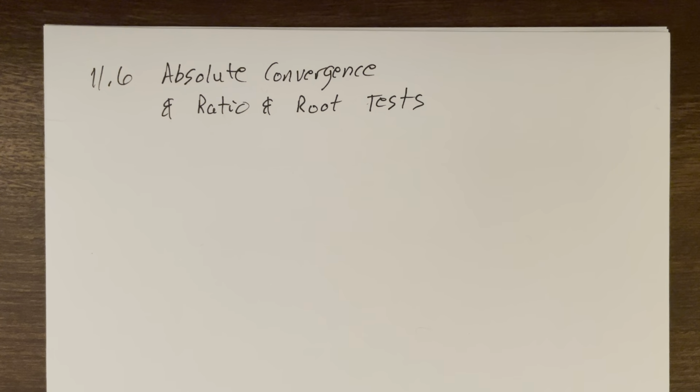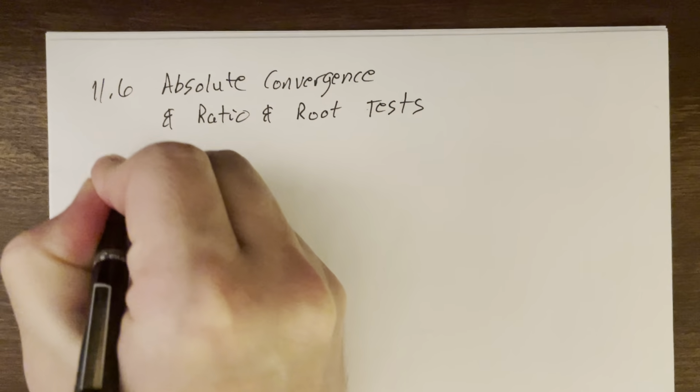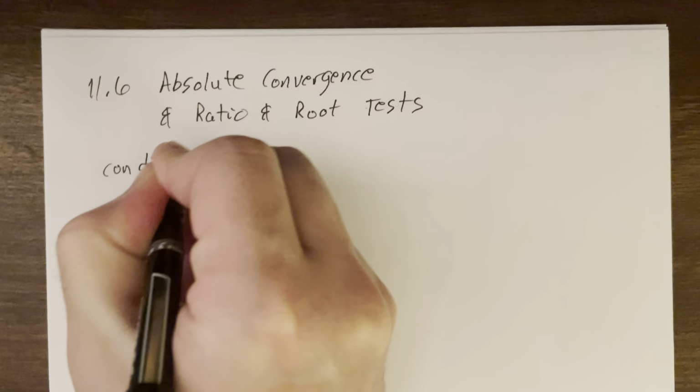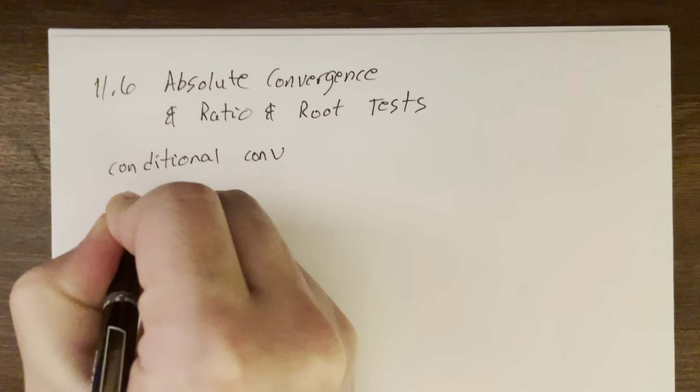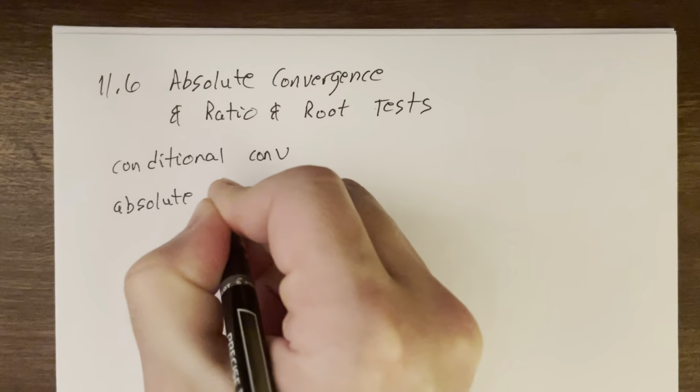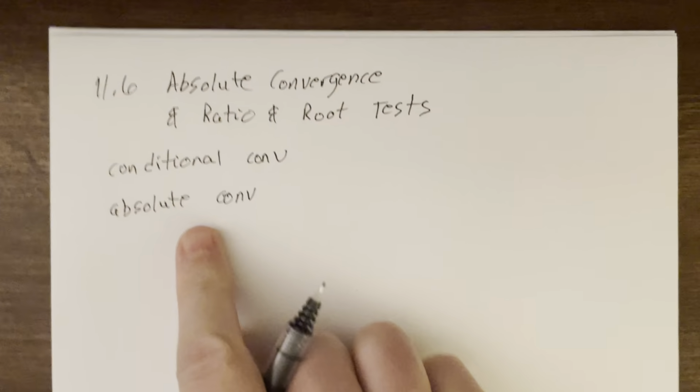So, first thing, up to this point, we've only been asking, do the following series converge or diverge? But now in this section, the book makes a distinction between the idea of conditional convergence and the idea of absolute convergence.